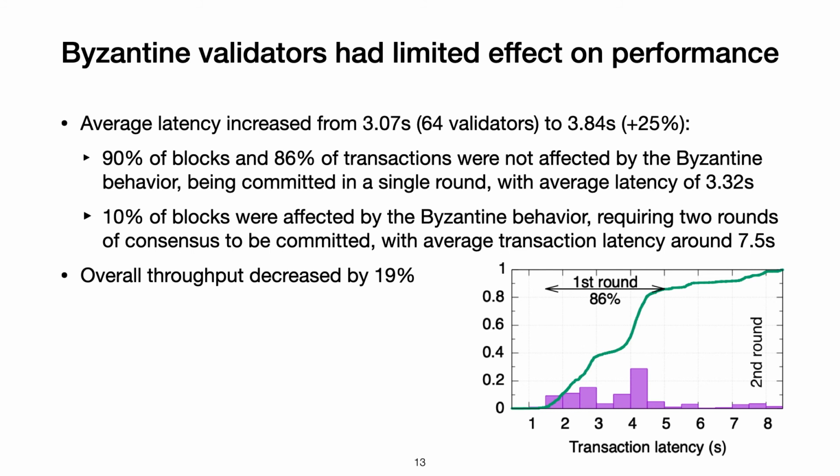Transactions included in these blocks were affected with increased latency, around 7.5 seconds, as can be observed in the picture. And as a result of the higher latency of these blocks, throughput was 19% lower in this experiment when compared with the failure-free experiments, also with 64 validators.